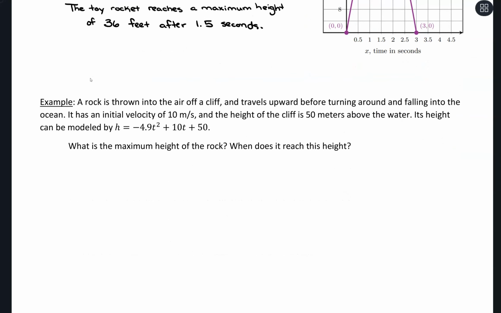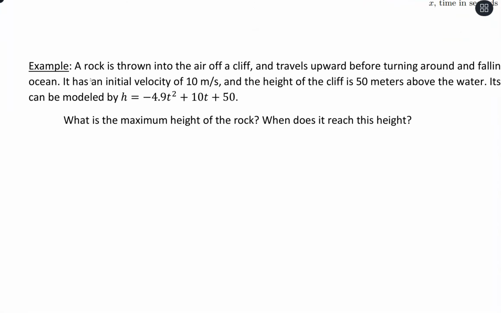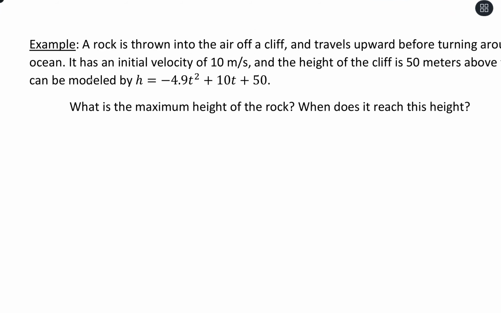Okay, let's say we go back to the cliff and we're throwing the rock off the cliff and we want to know the maximum height of the rock and when it reaches this height. So again, we're going to find our vertex. As soon as I see maximum, I'm thinking vertex with our quadratic equation here.